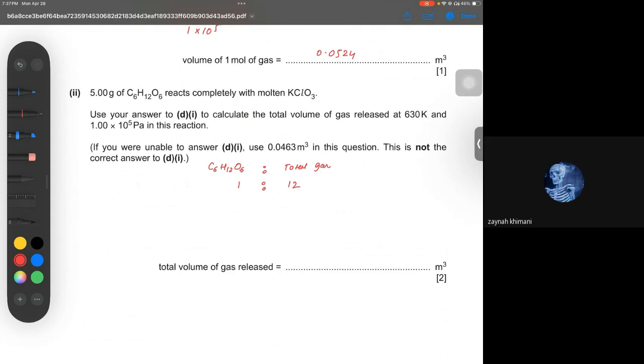So I have this one that is 5. I need to calculate the moles first. 5 over the molecular mass of glucose, that is 180.